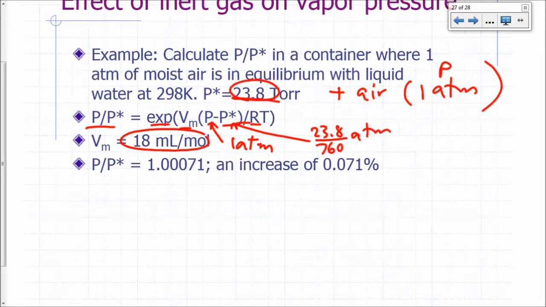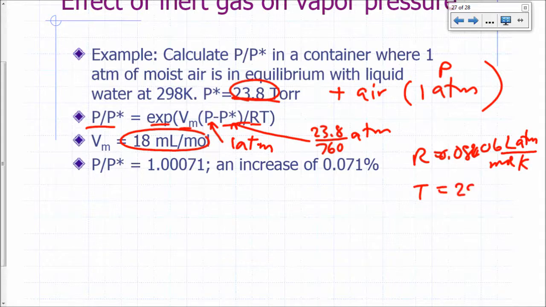You plug in your R, which is 0.08206 liter atmosphere per mole per Kelvin, and you plug in your T, which is 298 Kelvin, and you'll find that P over P star is 1.00071.